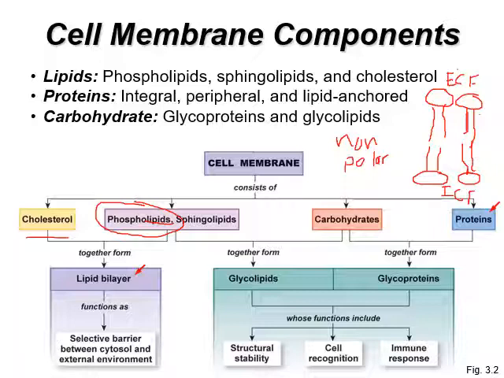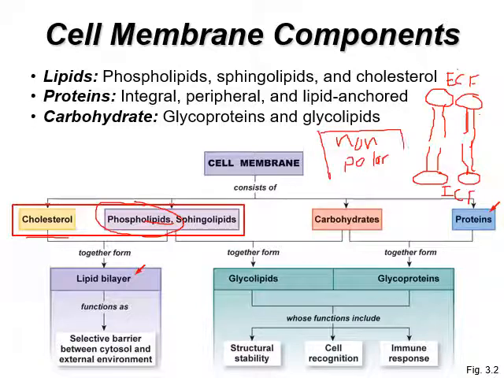If you remember from our chemistry, polar things will dissolve in other polar things. Non-polar things will not dissolve in polar things, or won't dissolve very well. So keep that in mind: the plasma membrane that surrounds the cell has a non-polar characteristic.